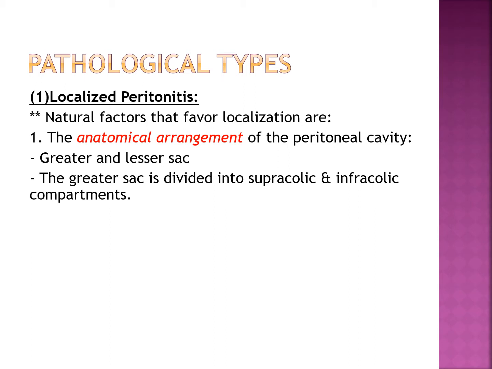Also, the greater omentum acts as the policeman of the abdomen. So it moves and adheres to the primary focus of infection, trying to localize it and sealing the site of the perforation if there is.